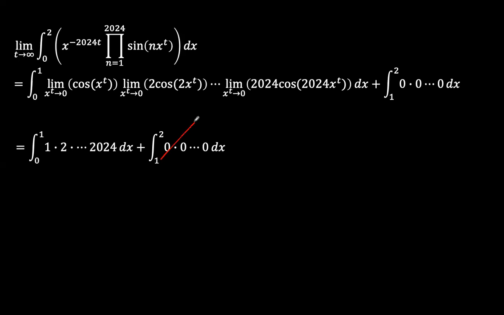Yet this entire lower term goes to 0, right? Now we're left with the integral of 2024 factorial from x equals 0 to 1. And we integrate that, we get x with the appropriate limits, 0 and 1. And that means that our final answer is 2024 factorial, which is the constant here. And that is our answer.